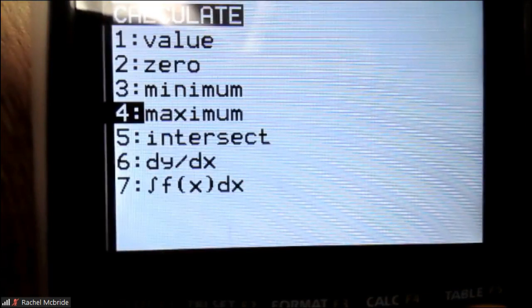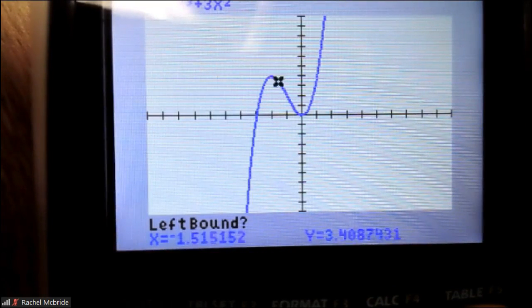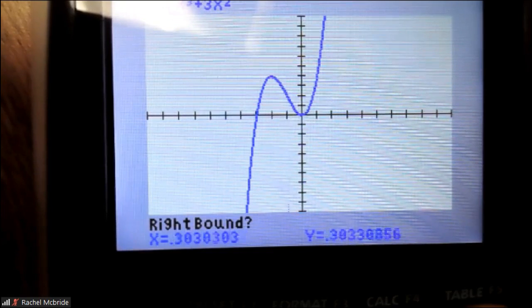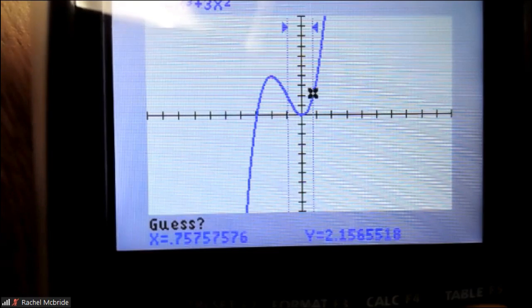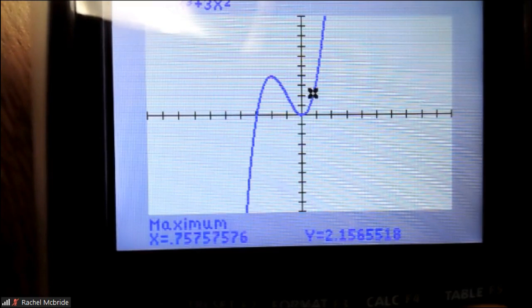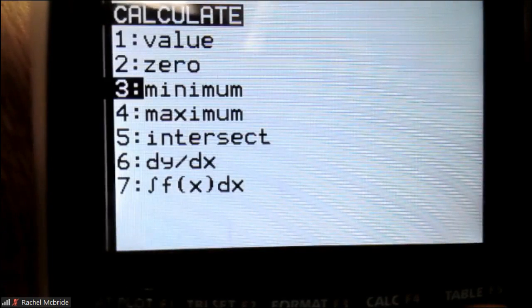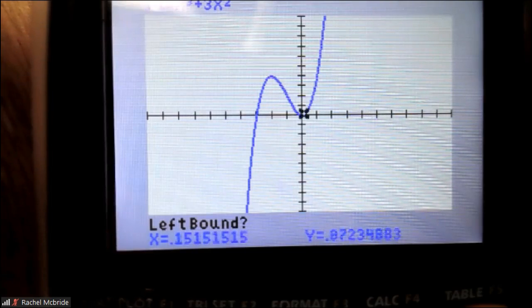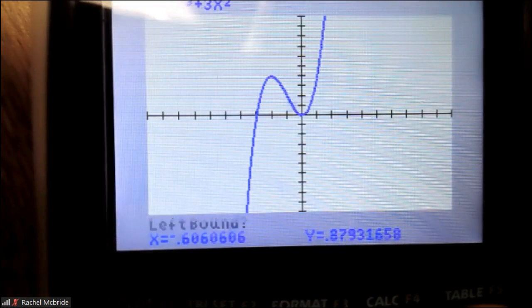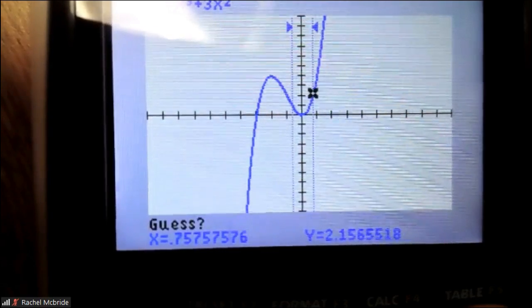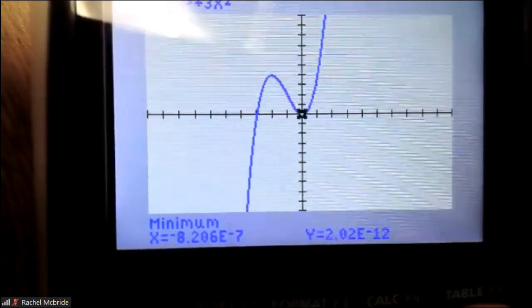And then we have a min. My min is also going to be at a 0, so I'm going to hit enter to the left, enter to the right, enter one more time. Sorry, I hit max. Go to min, go to the left, enter, to the right, enter, hit enter that one final time.